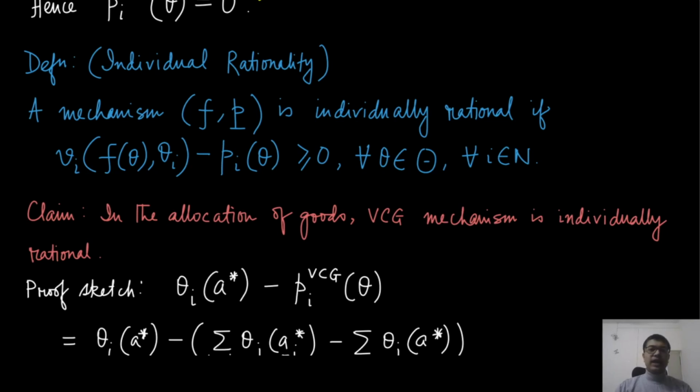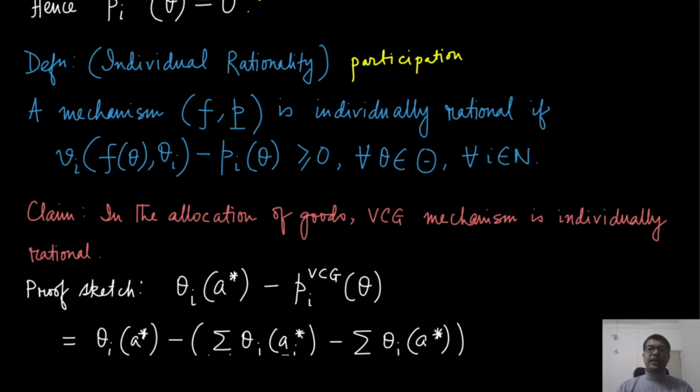So now let us look at a different property which we are going to call individual rationality. This is also called the constraint for participation. In some cases we'll also refer to this as participation constraint. So what does this mean?